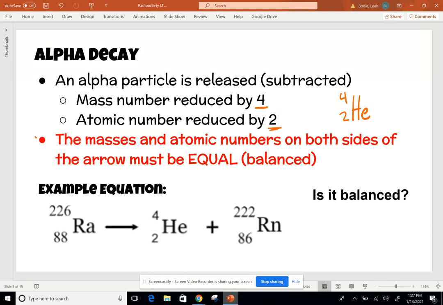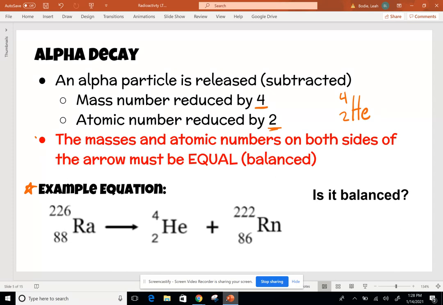And so as we go through and we look at these example equations, we definitely want to make sure and double check that our masses and our atomic numbers on both sides of the arrow are equal. And so that means that they're balanced. So let's go ahead and let's take a look at our first equation down at the bottom here. So we can see here that we are going to be starting with radium-226.